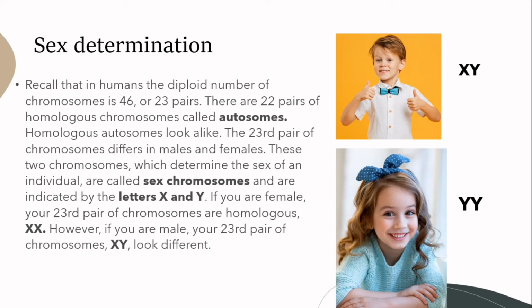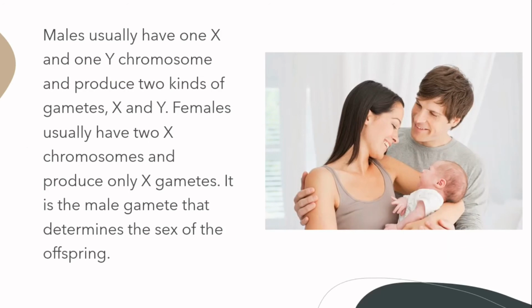Males usually have one X and one Y chromosome and produce two kinds of gametes, X and Y. Females usually have two X chromosomes and produce only X gametes. It is a male gamete that determines the sex of the offspring. So here you can see it in this illustration.